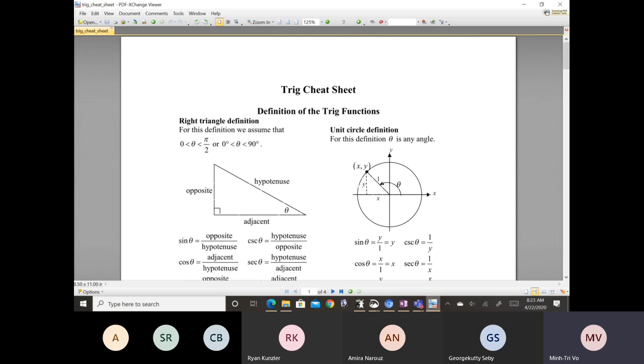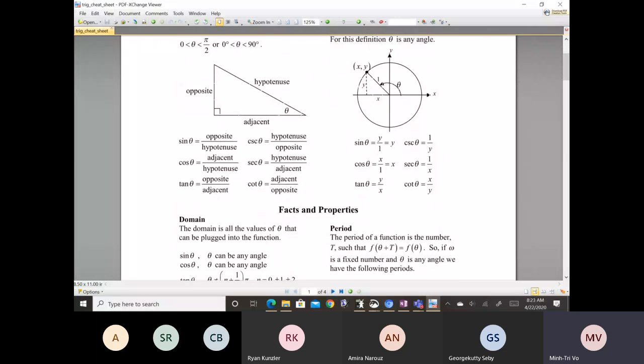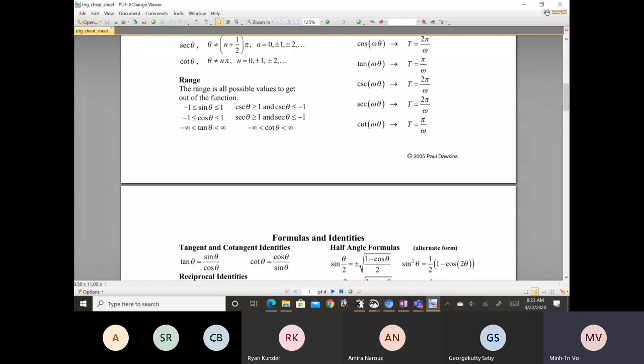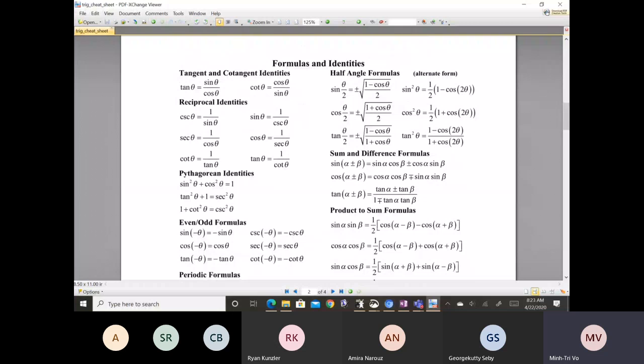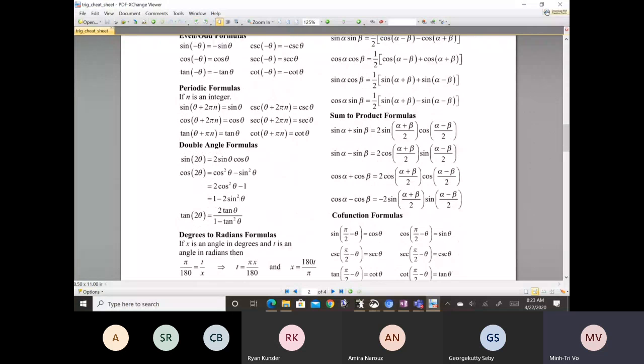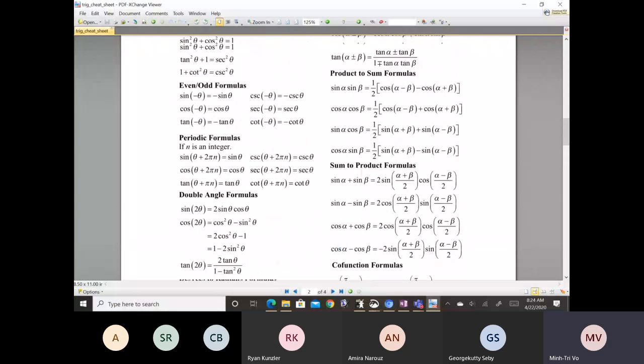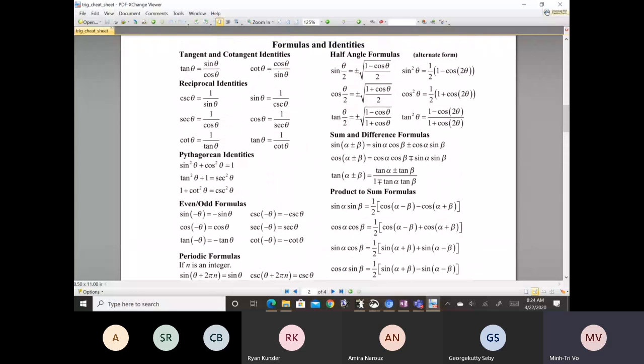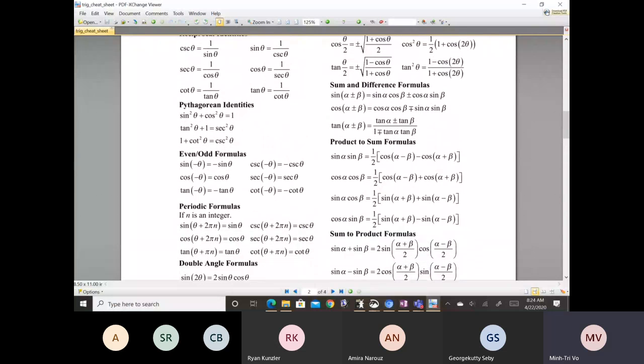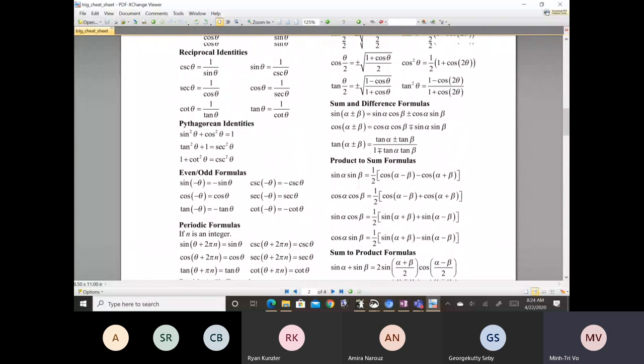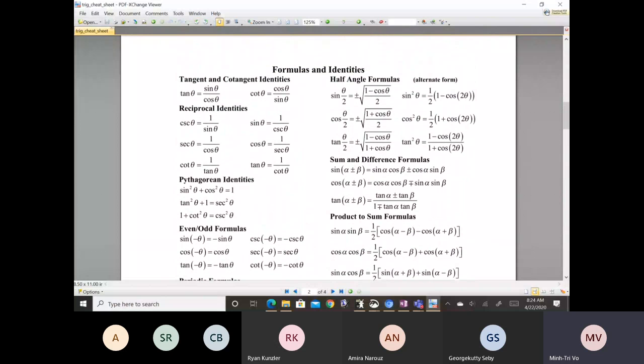On the trig cheat sheet, most of the relevant trigonometric identities we're going to use are located on the second page. In section 9.1, we're going to focus on the first three sets here on the left column.